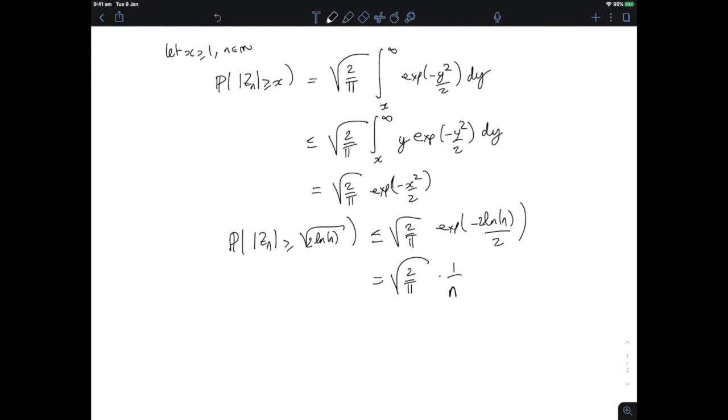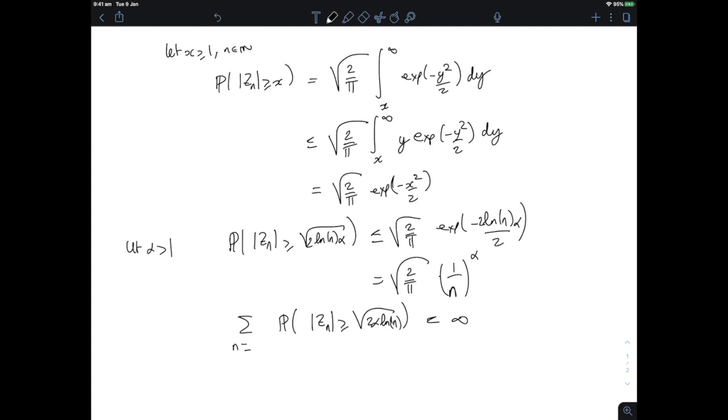So maybe to make things even faster, I'm going to multiply by some alpha greater than 1. And then I'll pick up an alpha in here and now my n is going to be raised to the power alpha. Okay. Now what does that give me? That gives me that this sequence of events, the events where Zn is greater than this multiple of square root of log n, has probability that you can sum up.